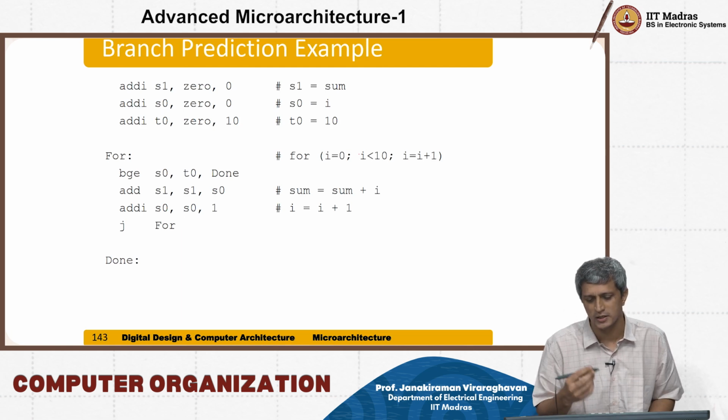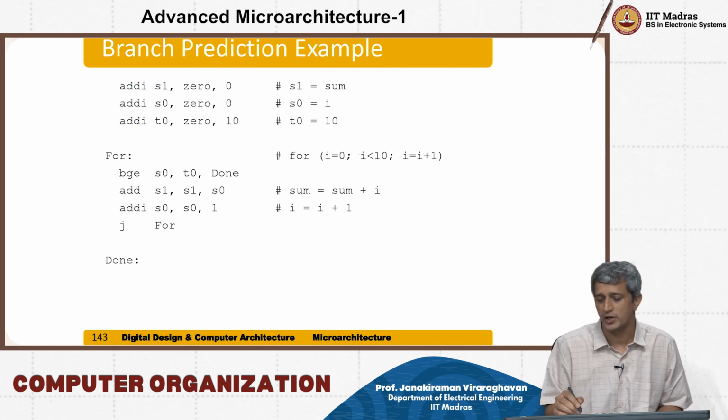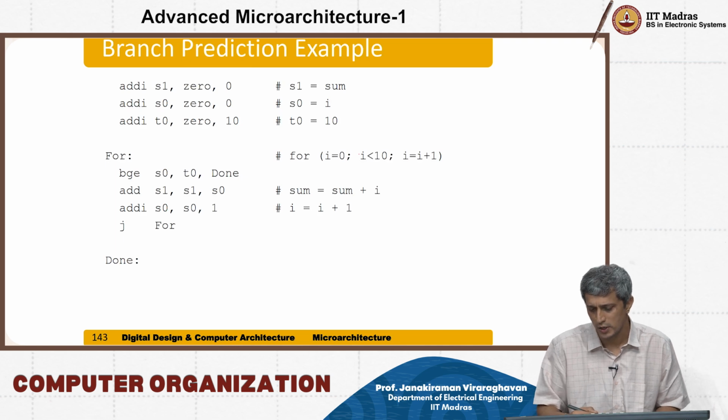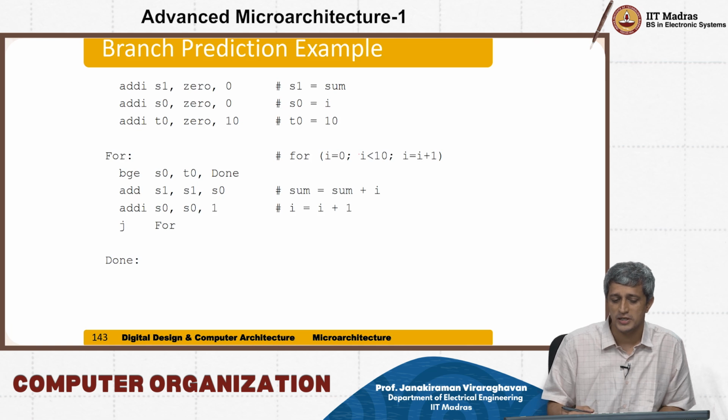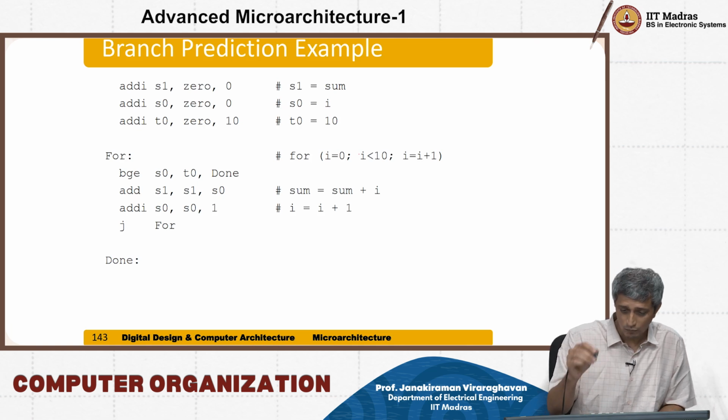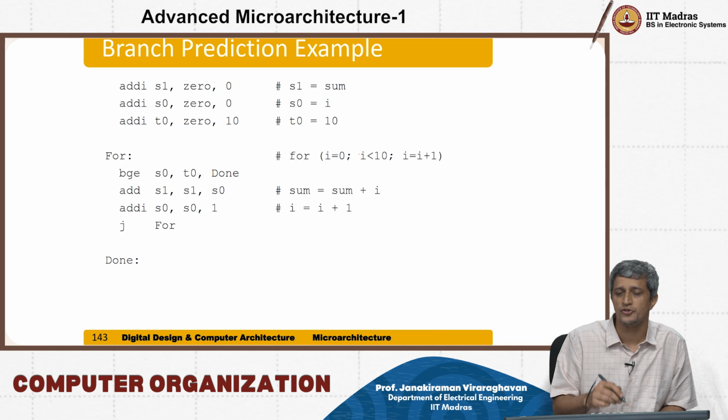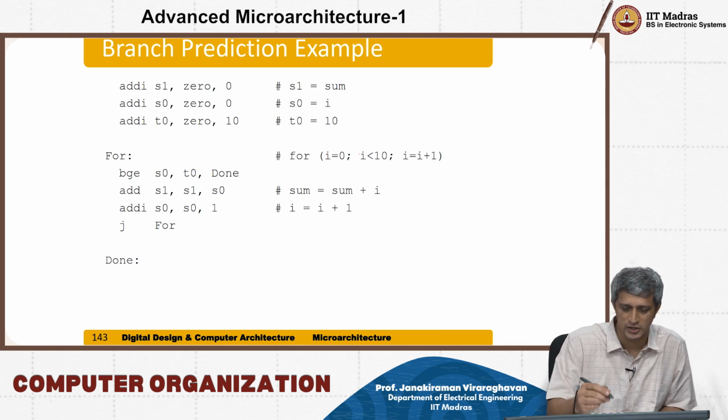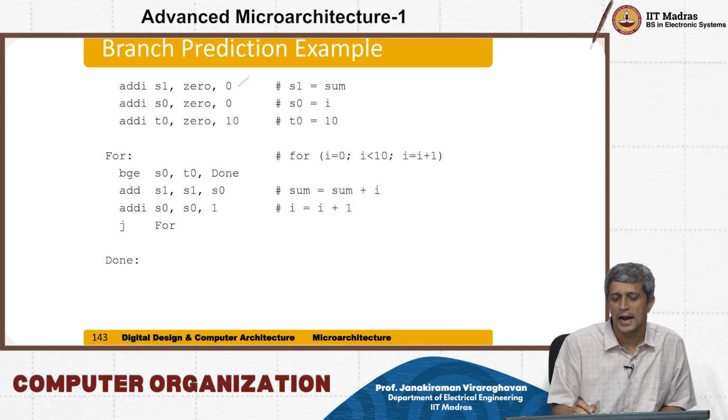Okay, so let's look at this example. For i equal to 0, i less than 10, i equal to i plus 1, sum equal to sum plus i. Initially, T0 is going to be initialized to 10. So that's why you see this instruction here, addi S1, 0, 0. You are just initializing the sum to be 0.